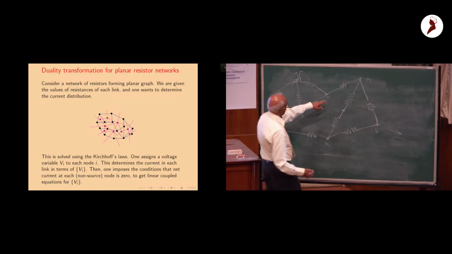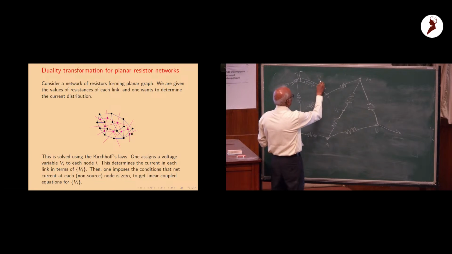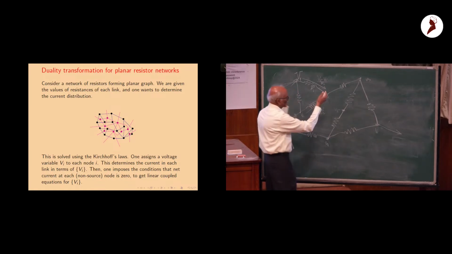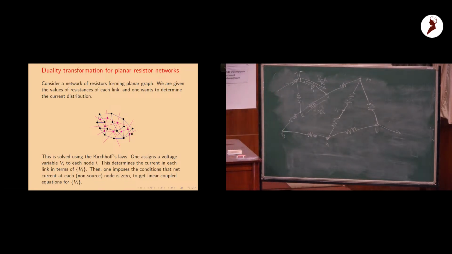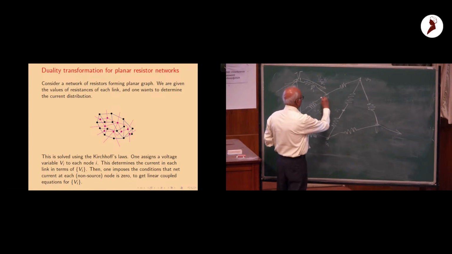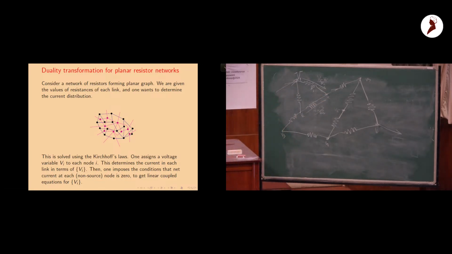But given these potentials, you can calculate the current in each resistor, because this will be V1 minus V6 by R1. This will be V2 minus V6 divided by R2, and so on. Given the voltages, you can calculate each current. And then there is a constraint that the net current at this should be 0. So the current at this should be equal to the sum of these two currents, and you write all those current equations.